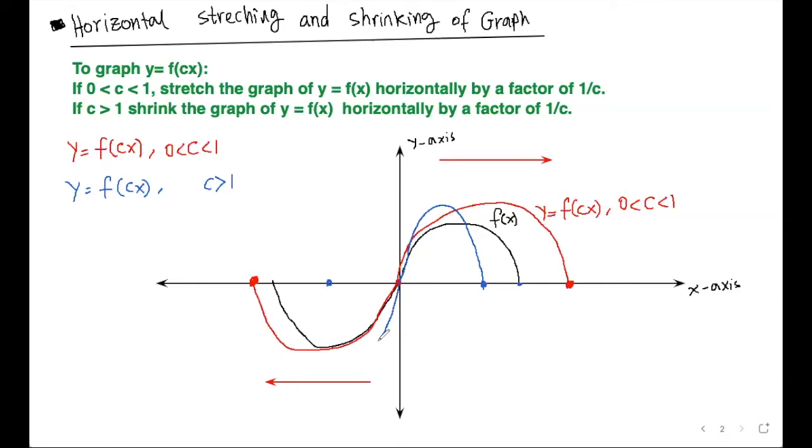Here the blue one is y equals f of cx, and c is greater than 1. This is the meaning of the shrinking. Any questions so far? Is it clear?